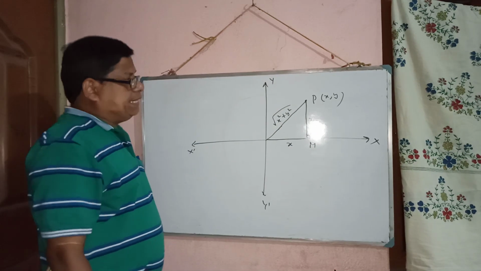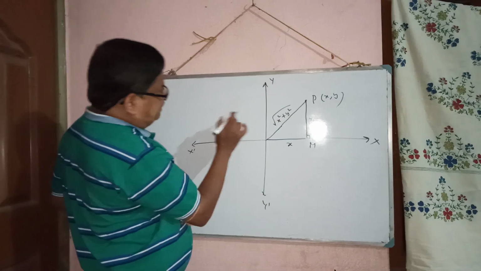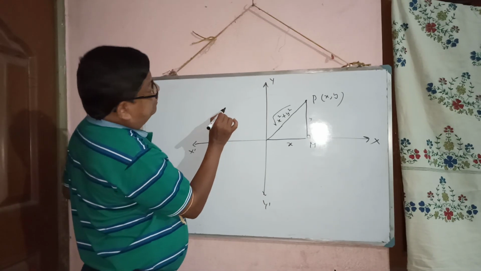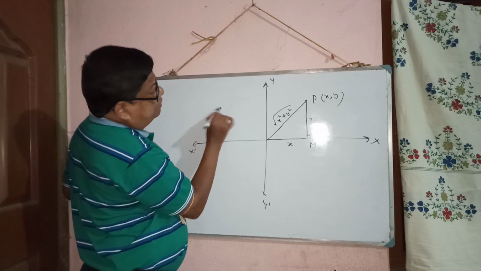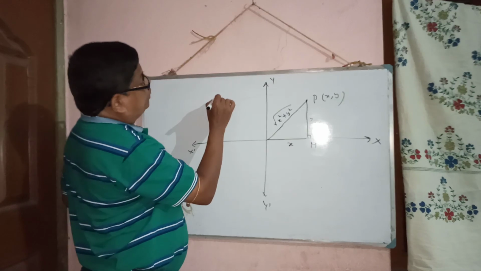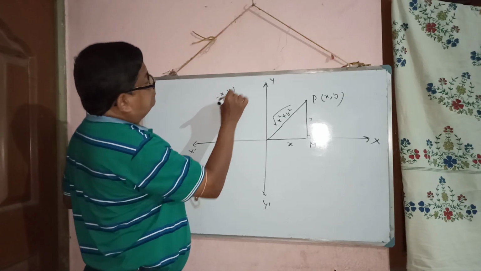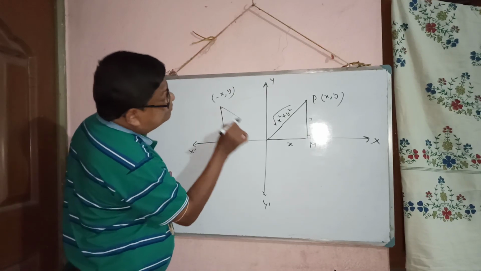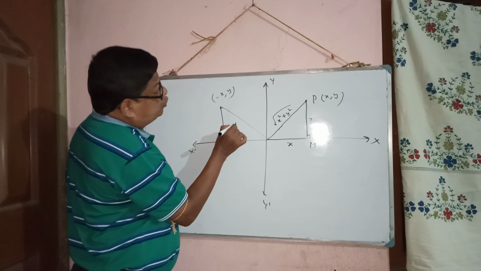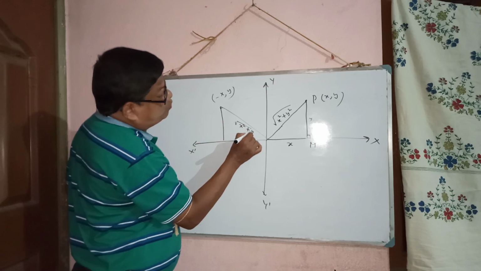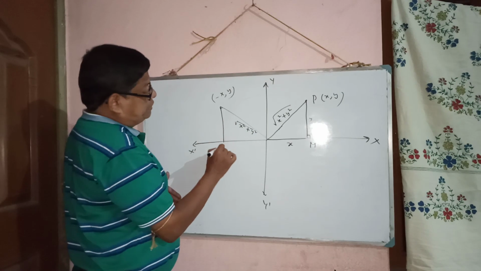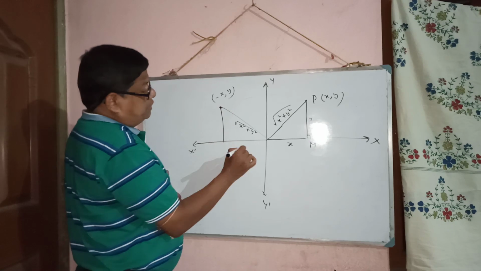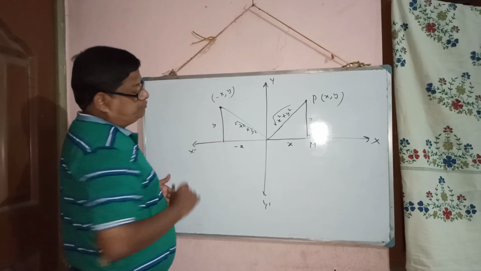Again, if the point is here, suppose here, another position is there. So the coordinate will be minus x, y. Now similarly join here this one. So this part also root under x square plus y square. So this is minus x. This part is minus x. This is y.